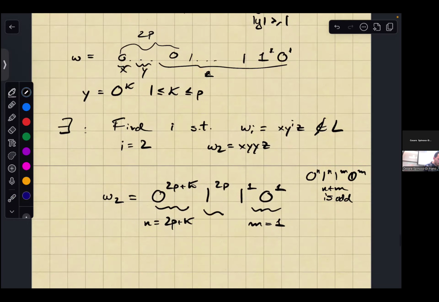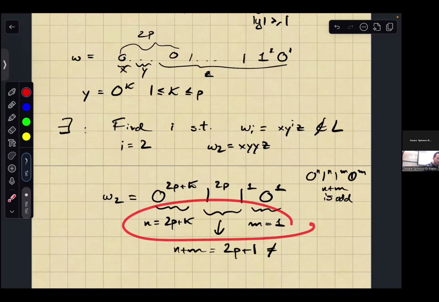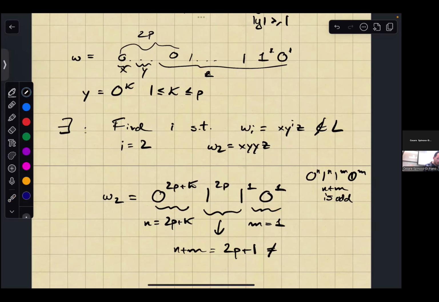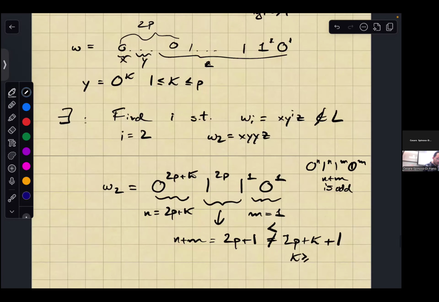So the sum n plus m is 2p plus 1, but this is not the same as the n and m that I've analyzed, which is 2p plus k plus 1. In fact, this is strictly greater, because k is at least 1.